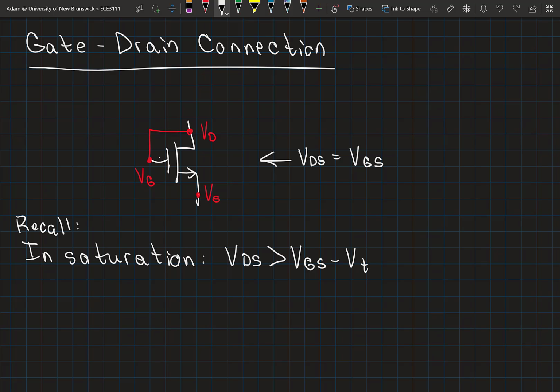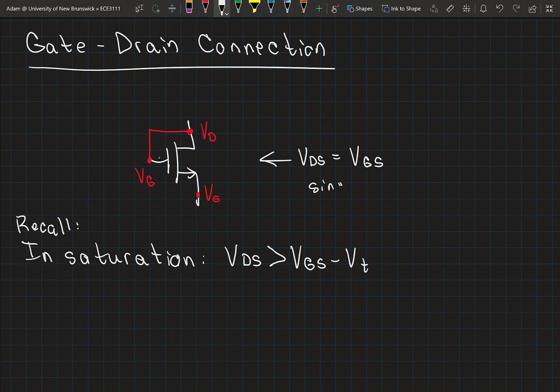So no matter what my threshold voltage is, assuming a positive value, my drain to source voltage is always going to be higher than my gate to source minus my threshold.